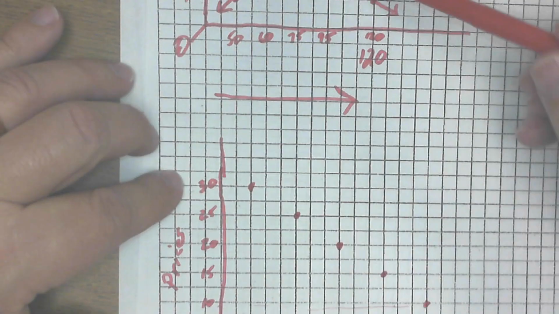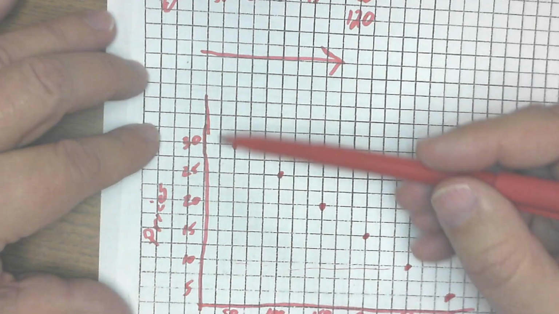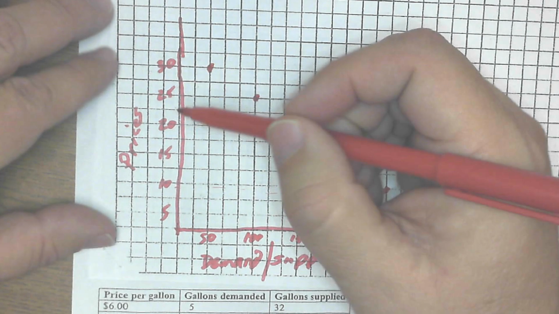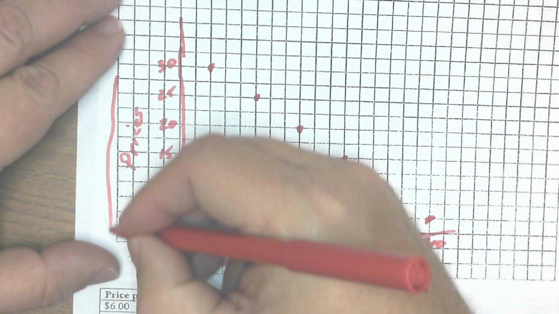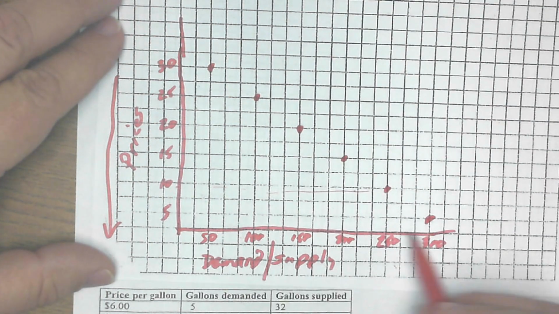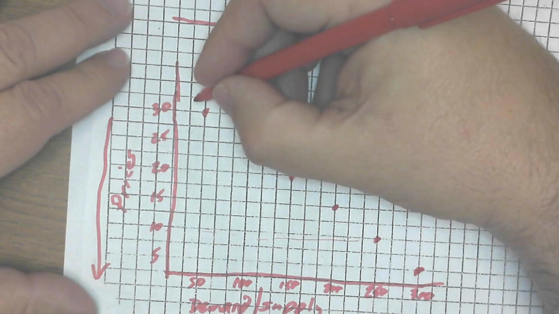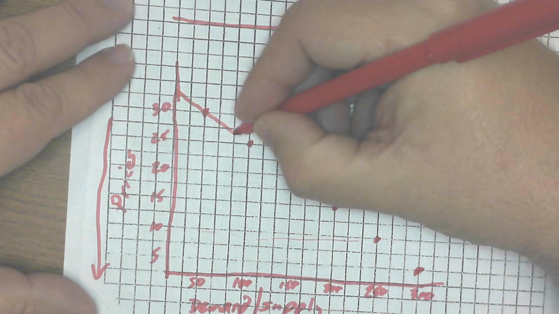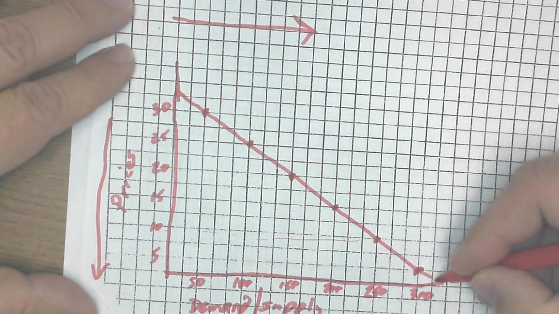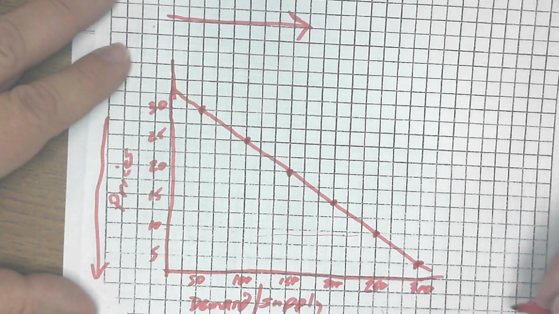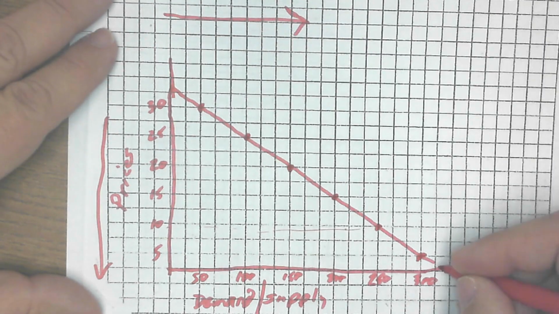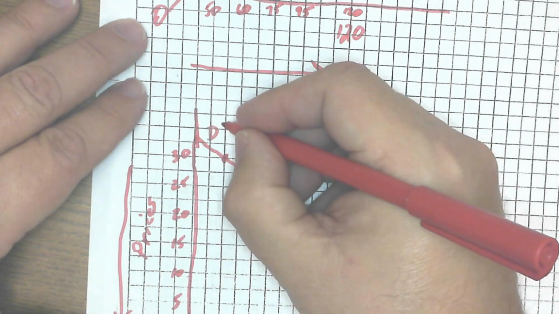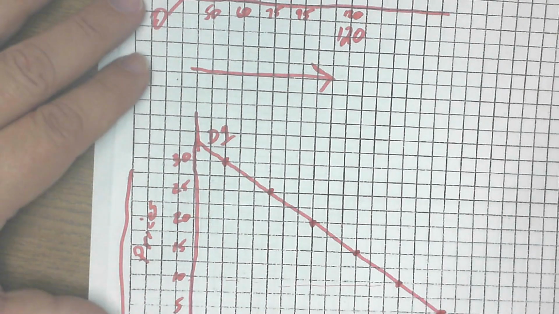So just like with the gas, when the price is going down, demand goes up. So let's connect the dots. Like that. It's demand, so our line is D1.